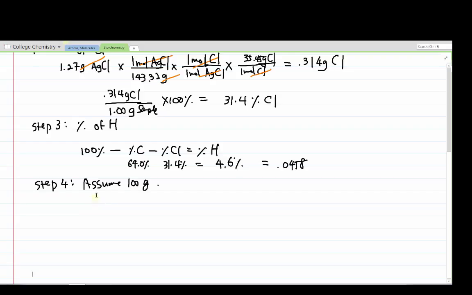That means 64.0 grams is found in this sample. First I'm gonna write down these grams and then I'm gonna convert them: 31.4 grams of chlorine and finally 4.58 grams of hydrogen.